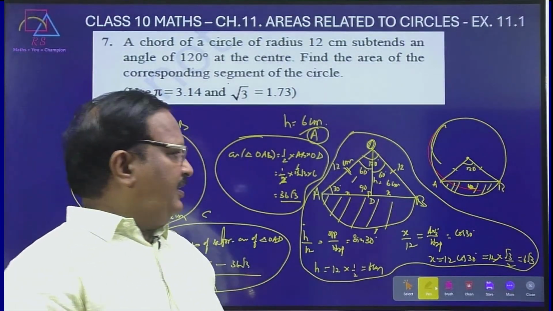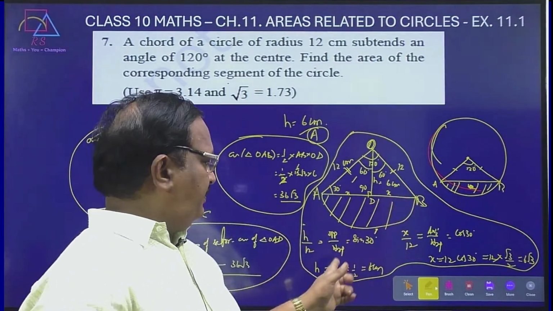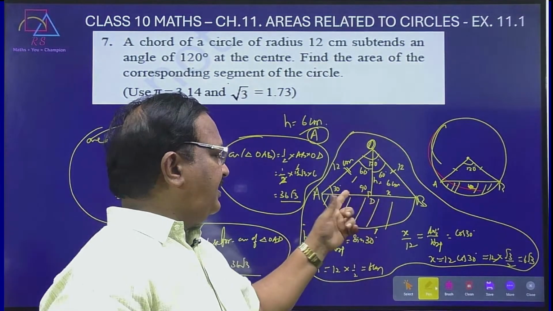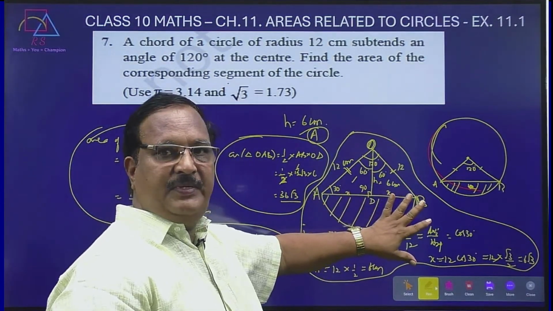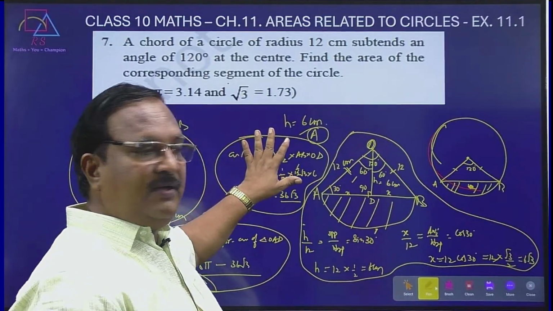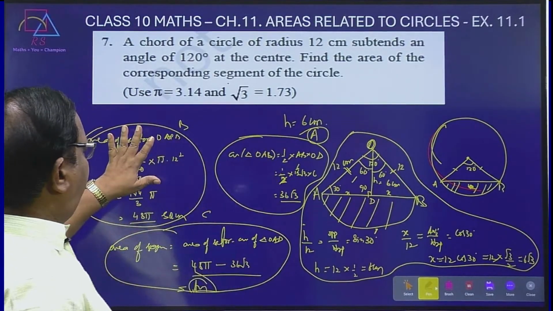Okay. So this is for this because you have got height and base. For this some marks will be there. Triangle area, for this some marks will be there, and for this some marks will be there.